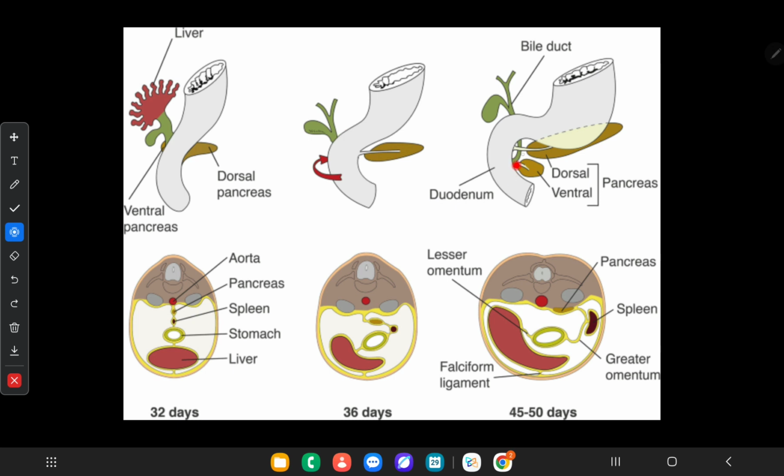Here you can see the ventral pancreatic bud lies immediately behind and below the dorsal pancreatic bud.